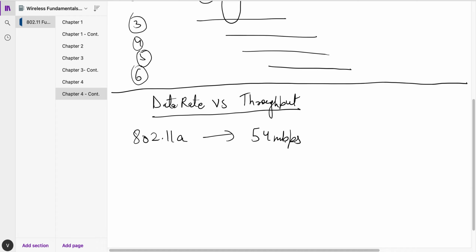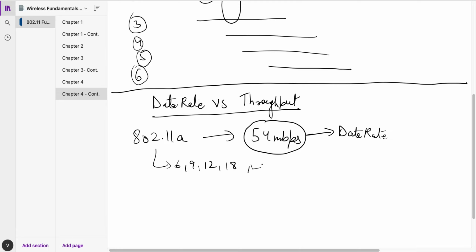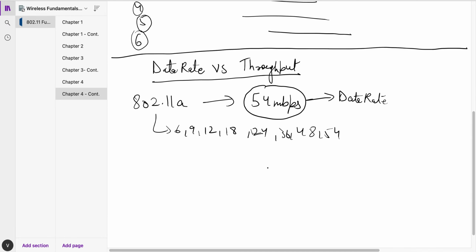No, 54 Mbps is the data rate. 11A supports 6, 9, 12, 18, 24, 36, 48, and 54. These are all data rates. If my client connects at 54 Mbps, it is connecting at a 54 Mbps data rate, not a throughput.